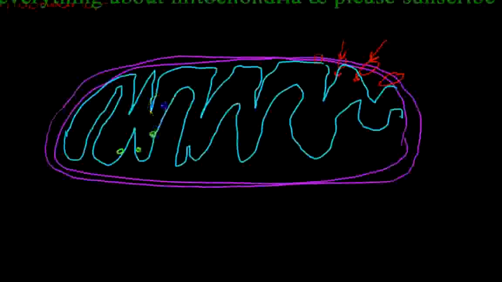And these enzymes, as you remember, are proteins that speed up or catalyze different chemical reactions between substrates. So there's lots and lots of these enzymes studding the inner matrix of the mitochondria.